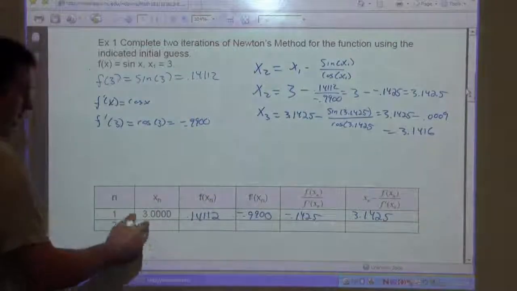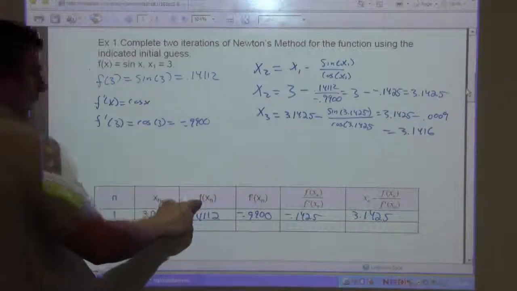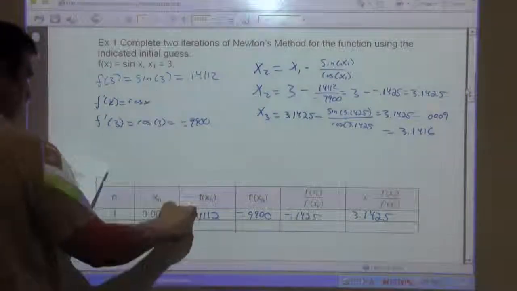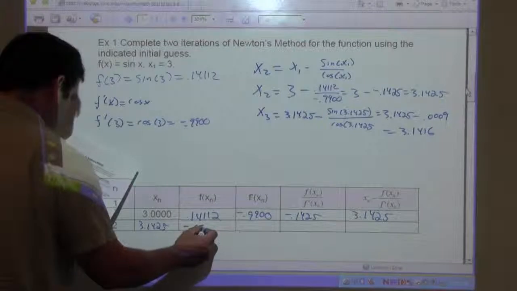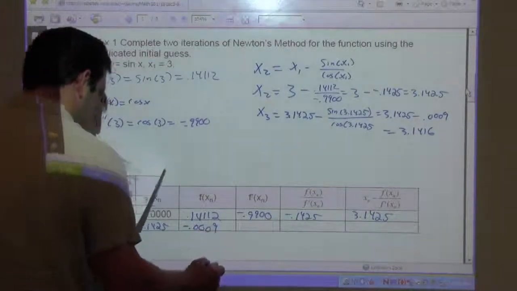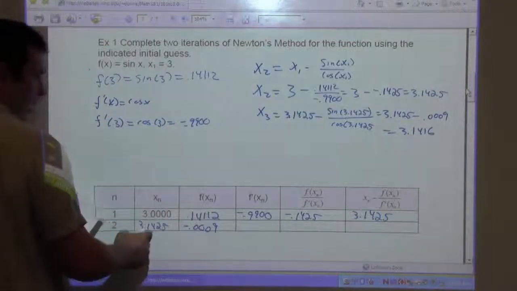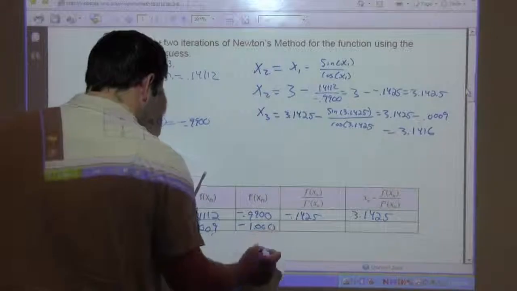Go to the next iteration. This value comes down here, 3.1425. F of x sub n, plug this in, sine of this value is going to be negative 0.0009. And cosine of this value is negative 1.000.